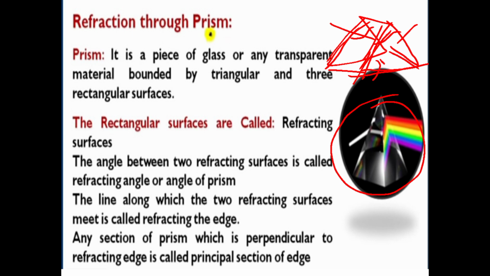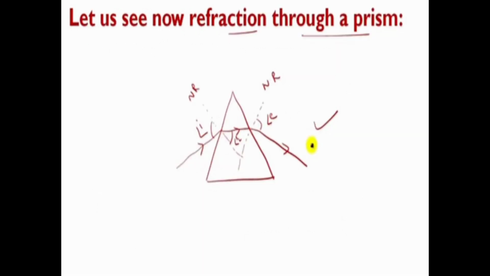Now let's see refraction through a prism clearly. Suppose a light ray is coming. This is the ray which is incident on the prism. So this is the angle of incidence, which is denoted as angle i.